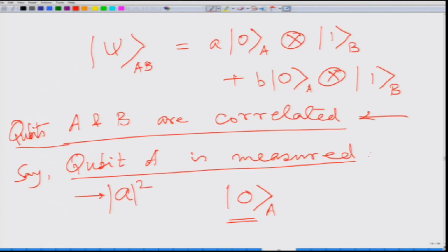Under this condition, if I measure qubit A, then I will be looking for a probability of A mod square, which is connected to this state |0_A⟩, which means that whatever will be left is the state which will be A B.